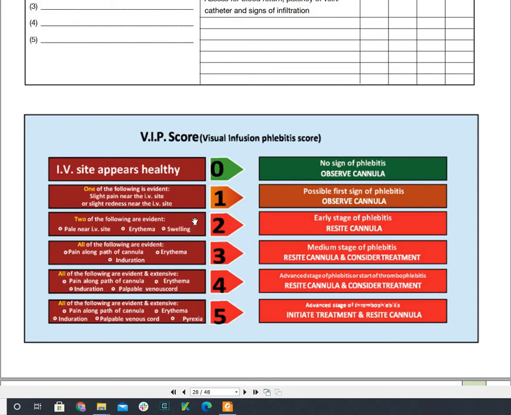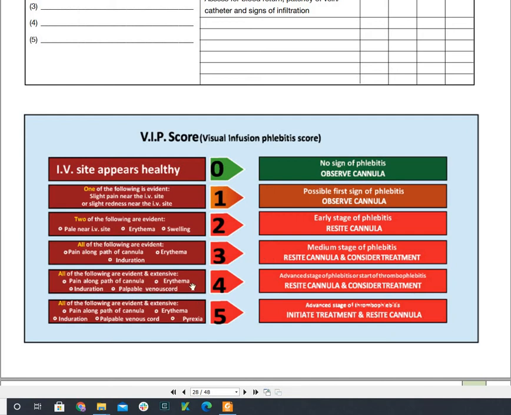If two of the following are evident, pain near IV site, erythema, swelling, then we document a score of 2. That indicates there's an early stage of phlebitis, resite cannula. If all of the following are evident, pain along path of cannula, erythema, induration, we document a score of 3. Medium stage of phlebitis, resite cannula and consider treatment.